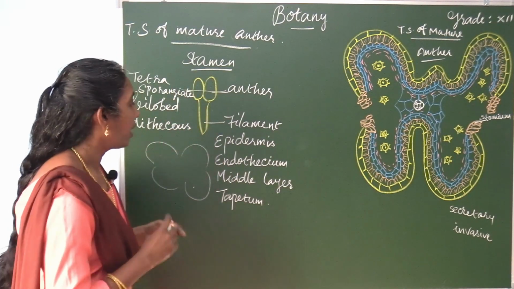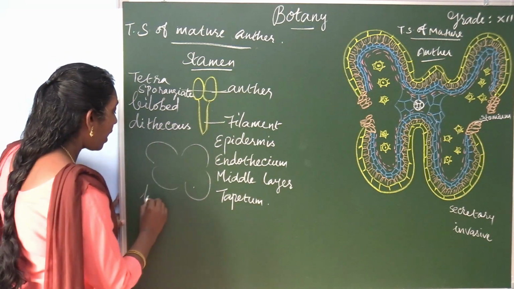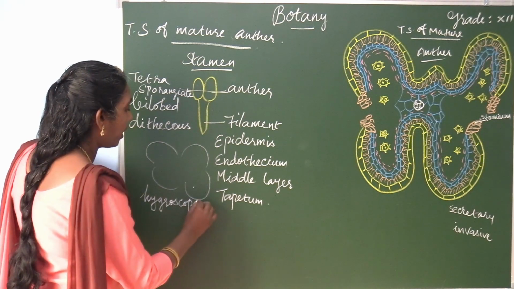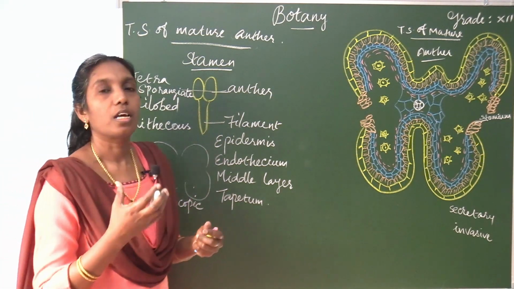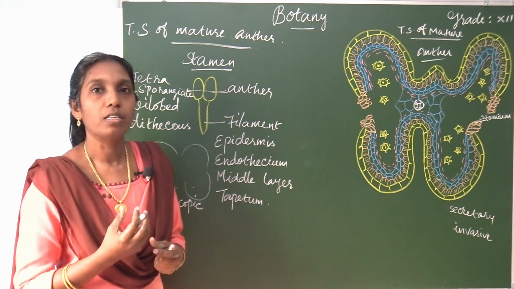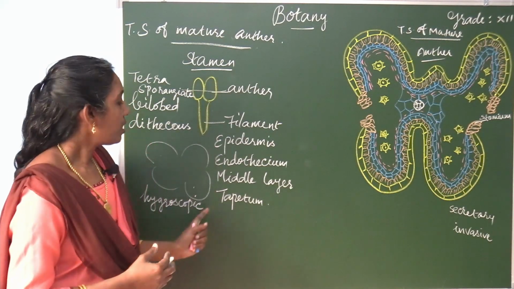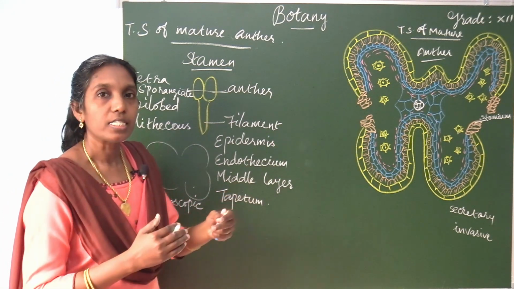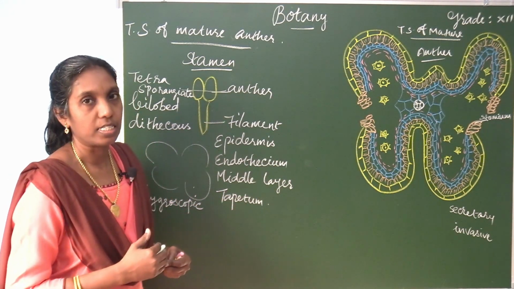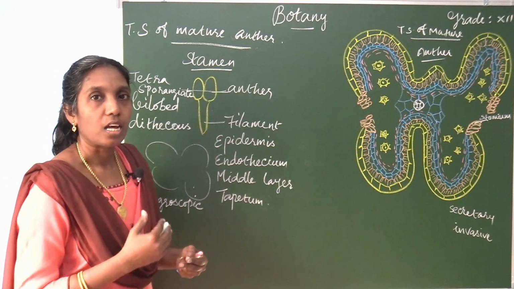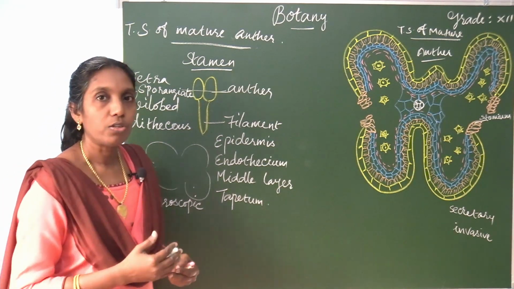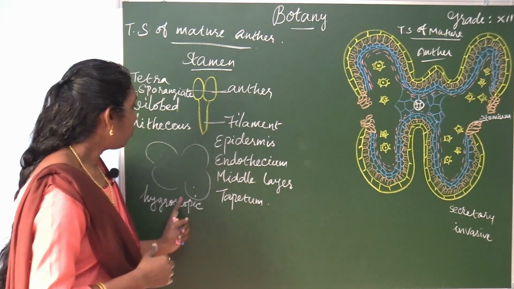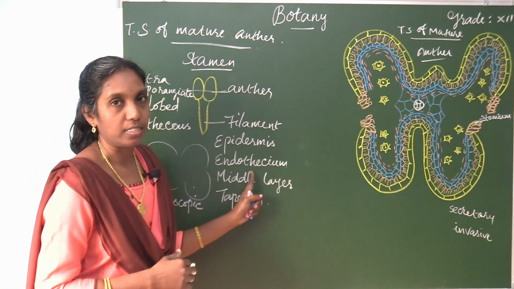The nature of this layer is hygroscopic, that means it tends to absorb moisture. This endothecium is absent in certain plants, mainly aquatic plants, cleistogamous flowers and saprophytes.